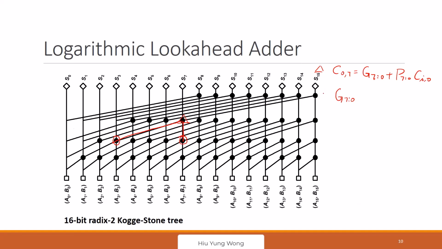G70 equals either, we keep partitioning it into half, so this becomes G7 to 4 generate, or P7 to 4 propagate.